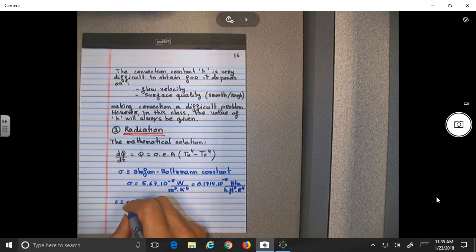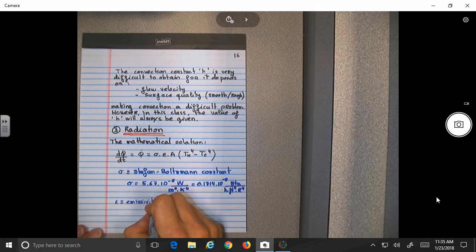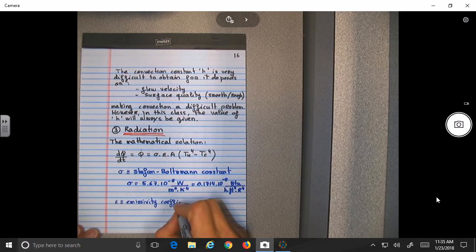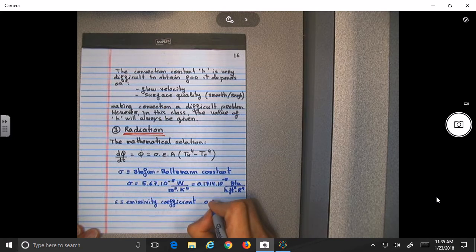is what is known as the emissivity coefficient, and that one will always be between 0 and 1. I don't know why they decided to call it emissivity, because the same way an object can absorb heat, it can also give heat.